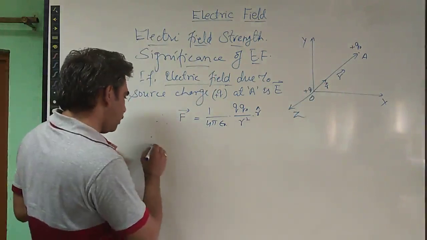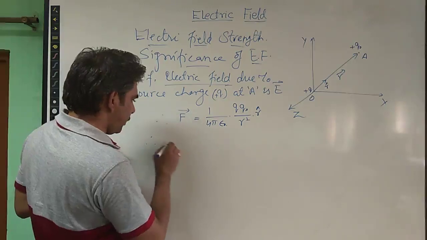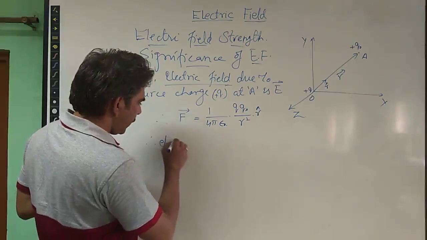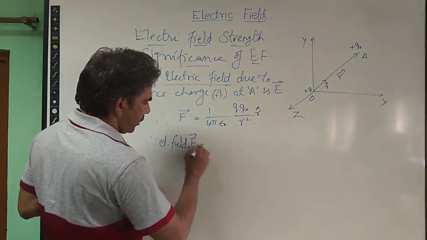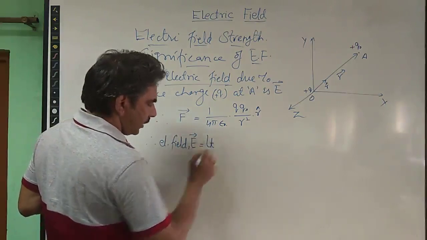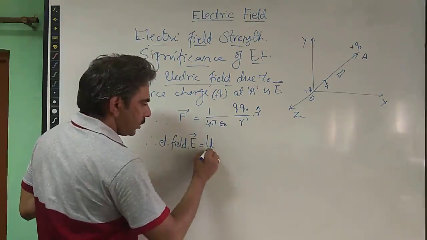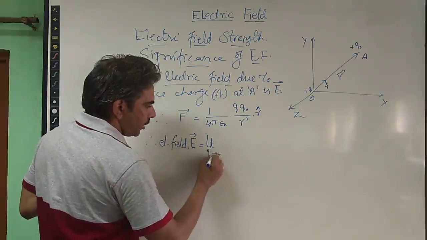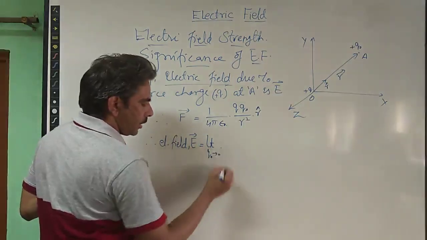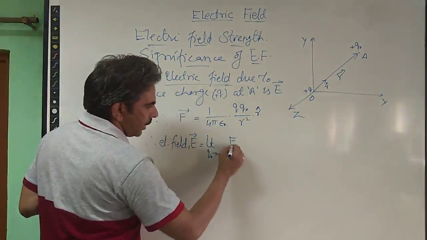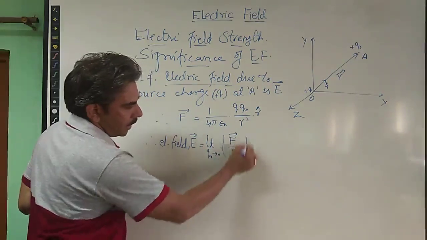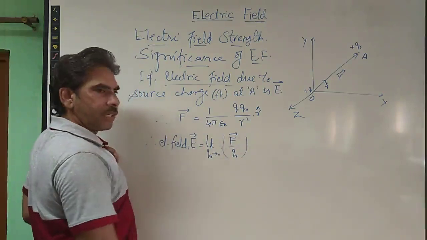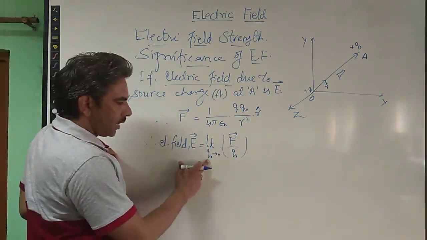This unit vector is along the direction of this electrostatic force. So we can write the electric field E, by the definition of electric field, as F upon Q naught, where Q naught is very small as we have taken. The electrostatic force per unit test charge Q naught is the strength of the electric field, provided the test charge is very small.